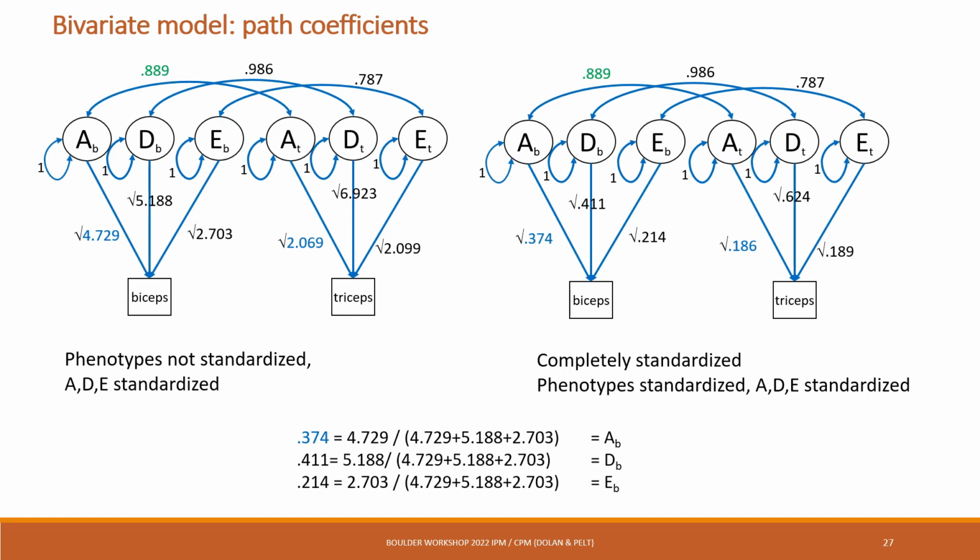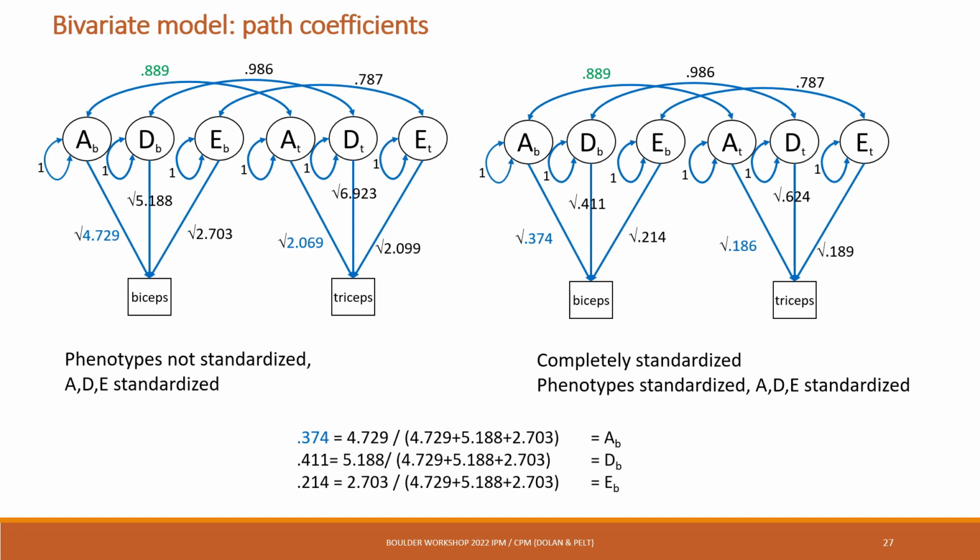It's 37.4%. That's the narrow sense heritability associated with biceps. So the difference between these two is the following. In the figure on the left, the A, D, and E latent variables are standardized, but biceps and triceps are not standardized.